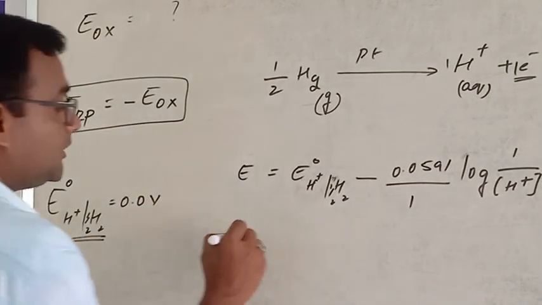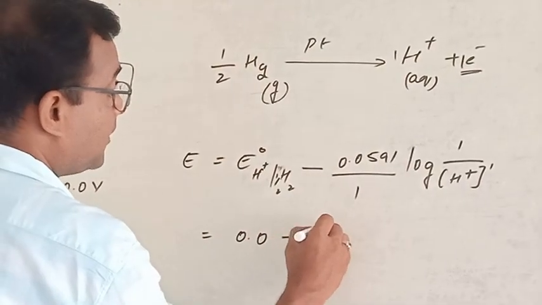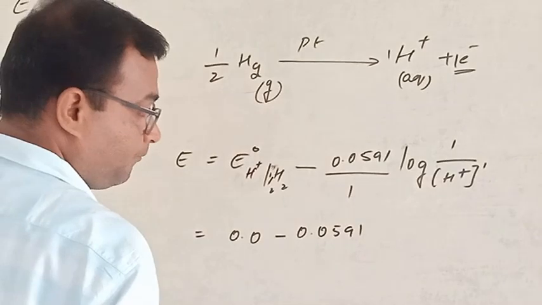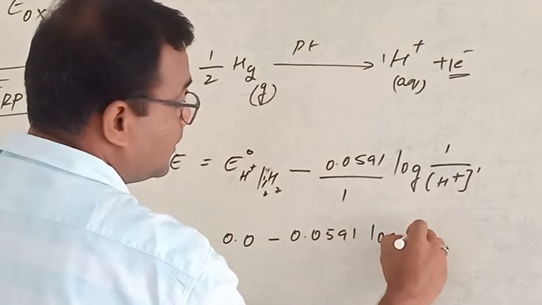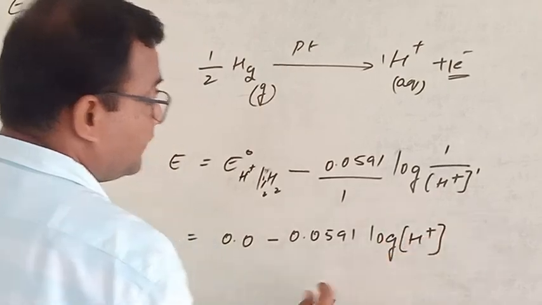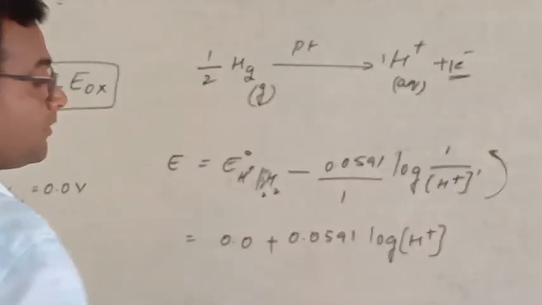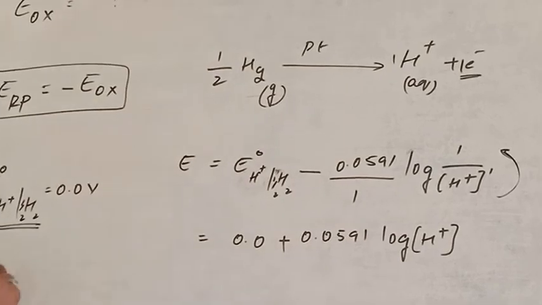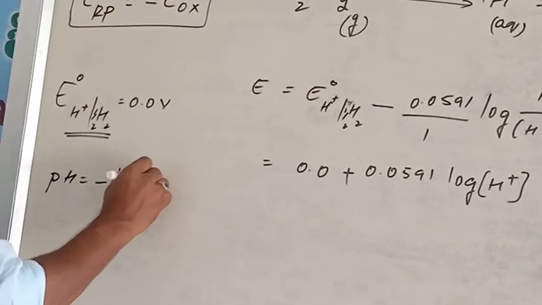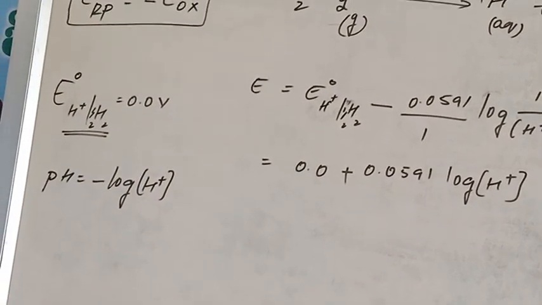Substituting here, this value becomes 0.0 minus 0.0591 log H plus. Then when you invert it, this value becomes a positive value. And we know that pH is equal to the negative logarithm of the molar concentration of hydrogen ion. This formula we know.